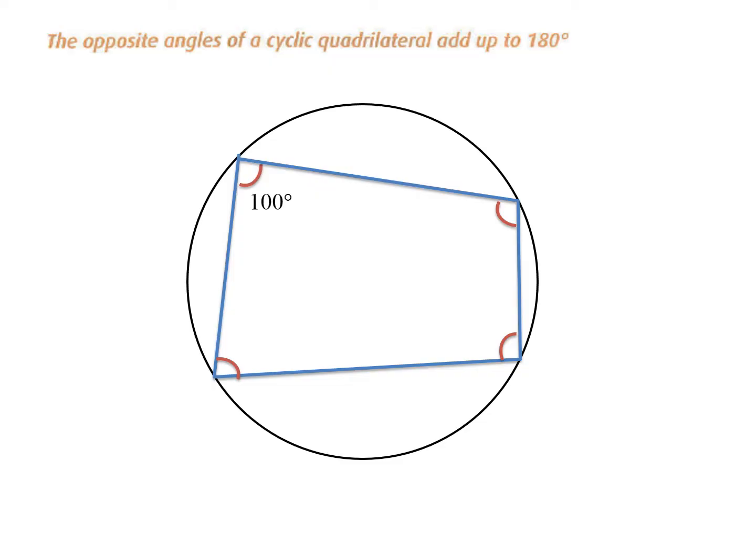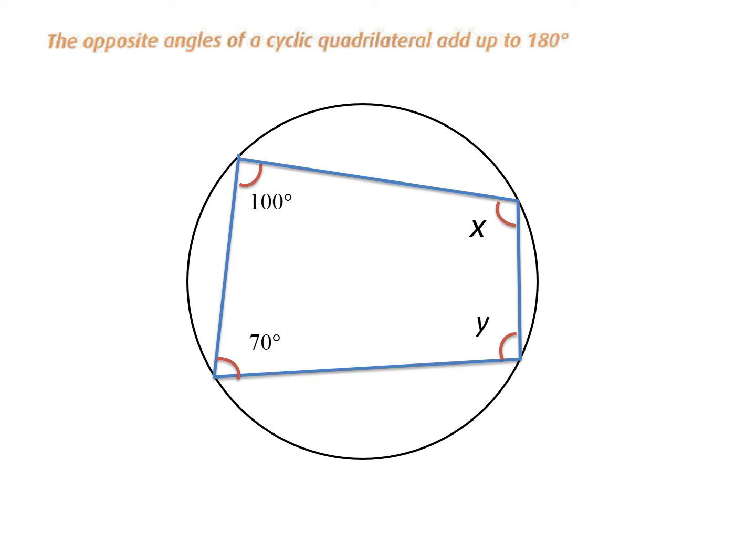Now, a very quick example. If I give you one of the angles is 100 degrees and the other one is 70 degrees, what would be the value of x and y? Alright, the answer is very easy.